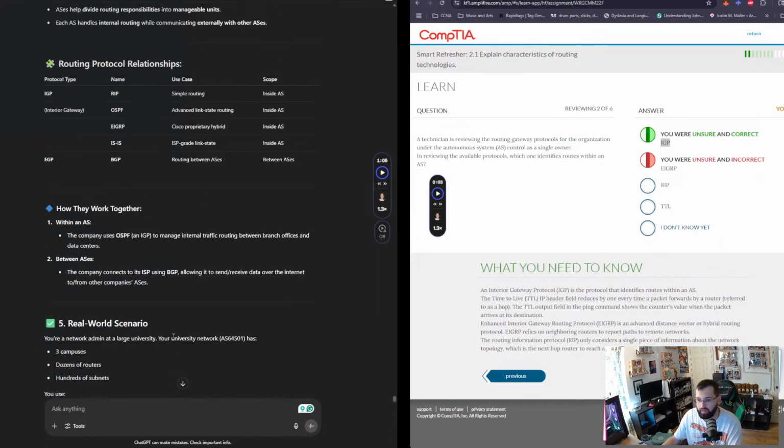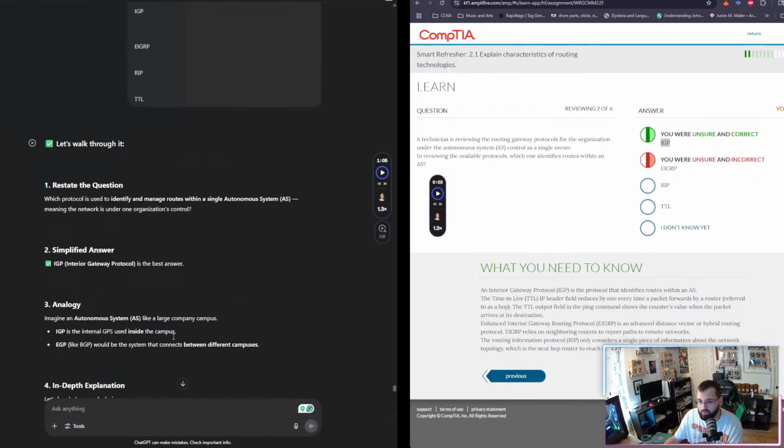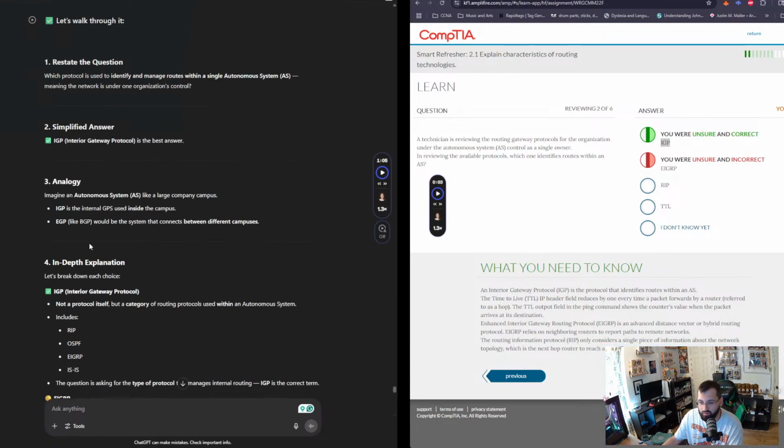Okay, let's go back to this. So IGP is the internal GPS used inside the campus. EGP, like BGP, would be a system that connects between campuses.